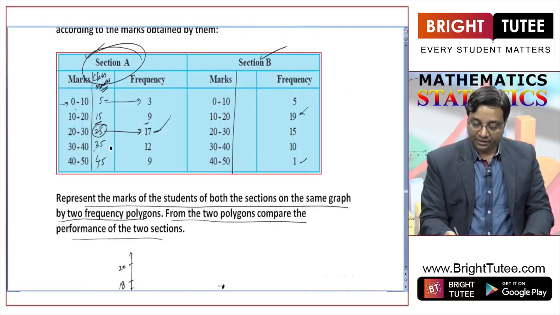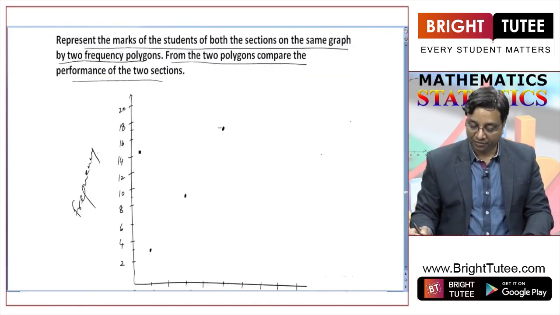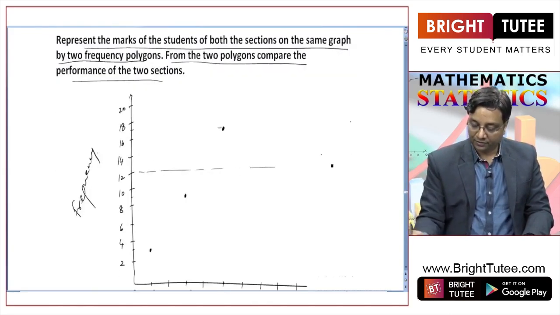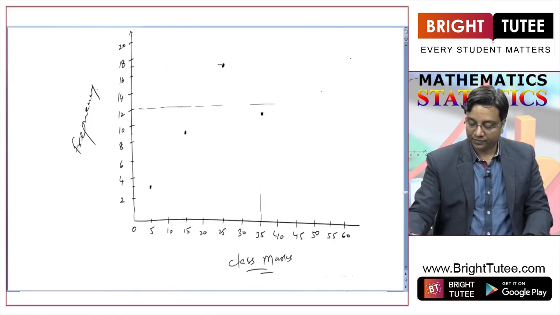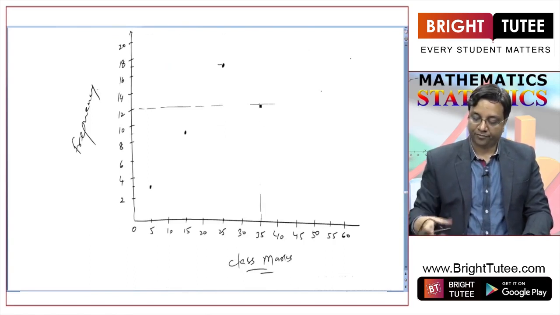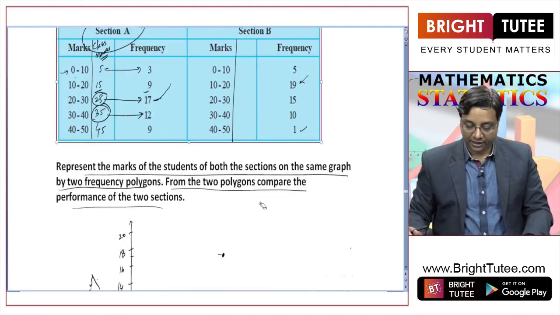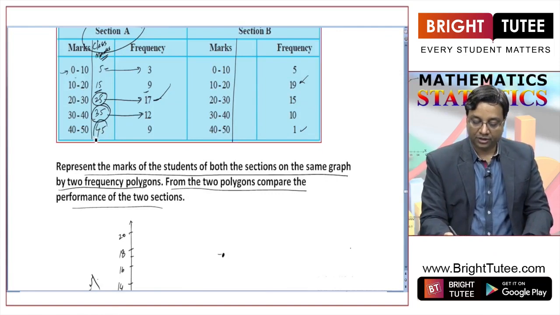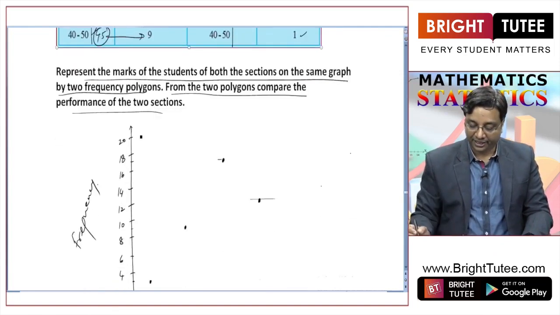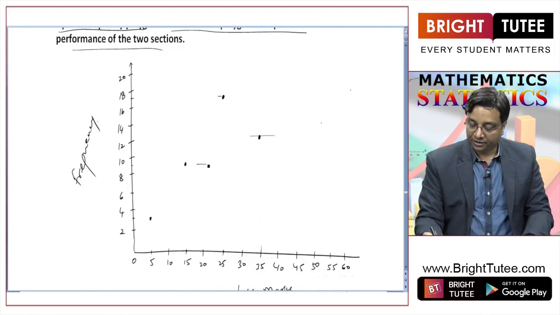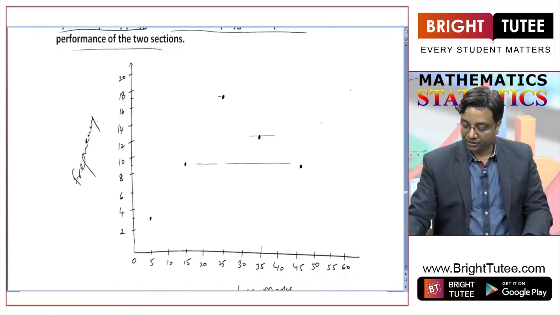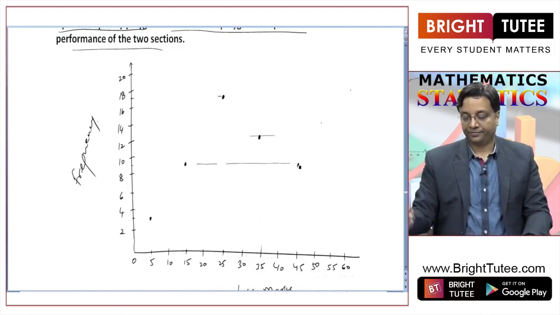And next class mark is 35, which will have frequency of 12. So this will be the point. Okay, and corresponding to this class mark 45, we will have 9 as its frequency. So the point will be somewhere here.